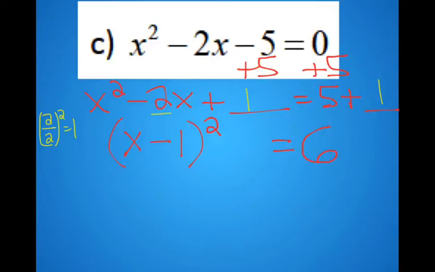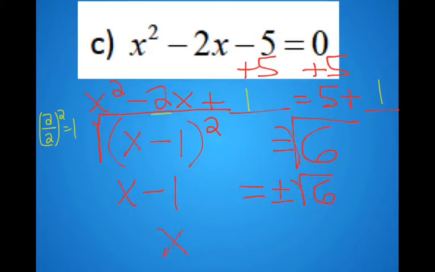And then our next step is to take the square root of both sides. So on the left side it's x minus 1. On the right side, 6 is not a perfect square, so we just say plus and minus square root of 6. Then we just need to add that 1 over to the right hand side.